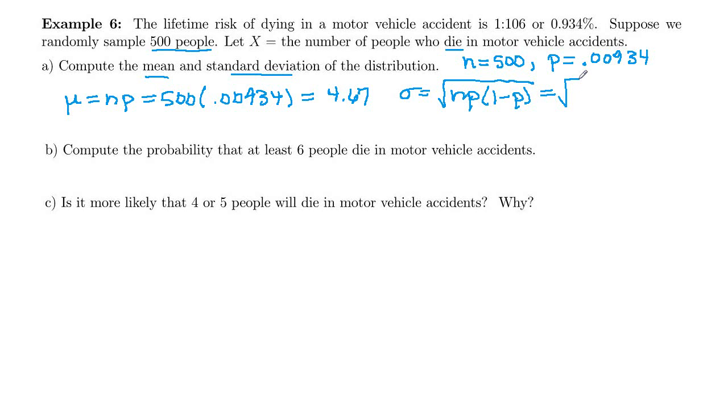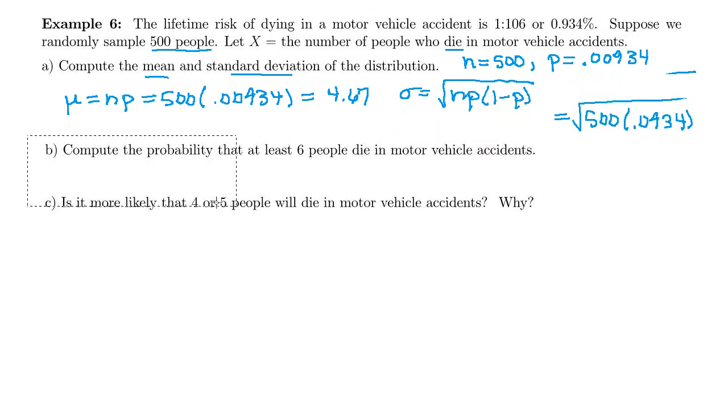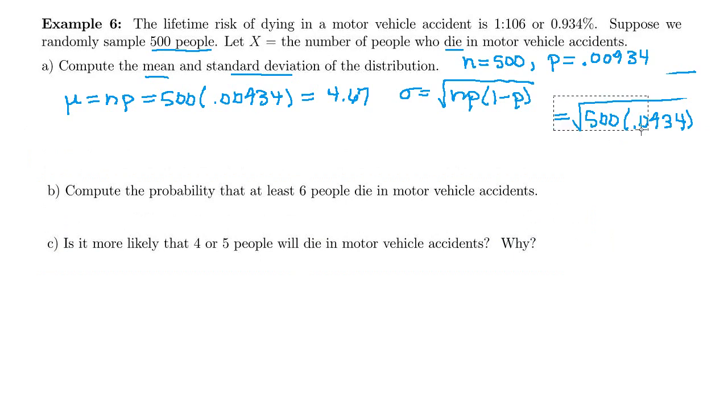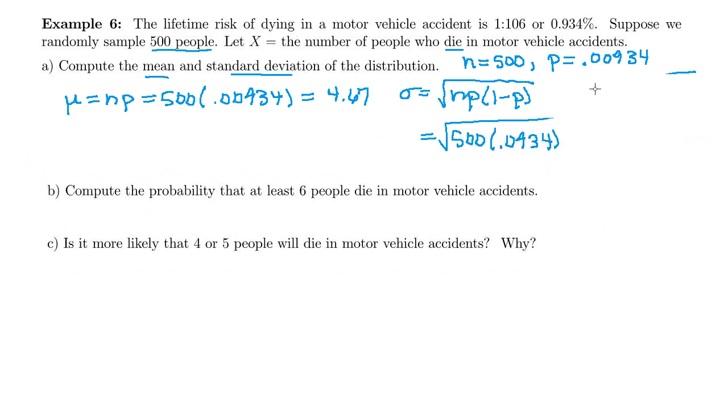So that's going to be square root 500 times 0.00934, and then times 1 minus 0.00934.